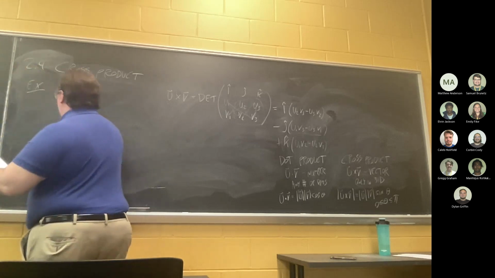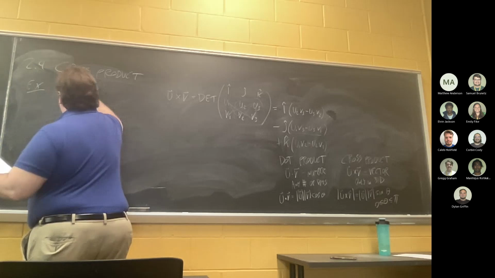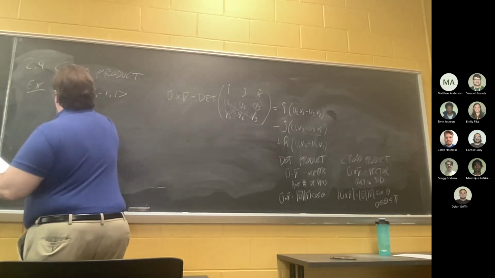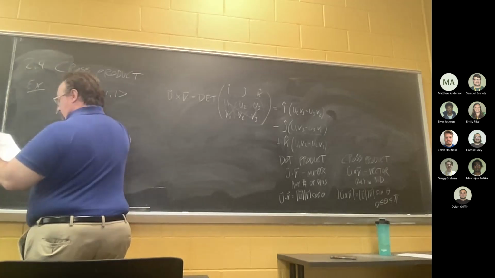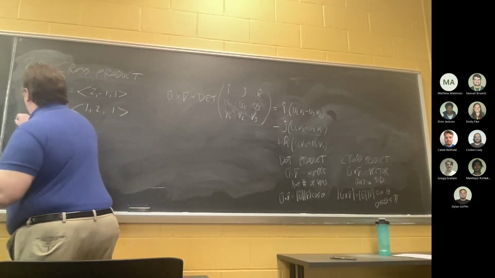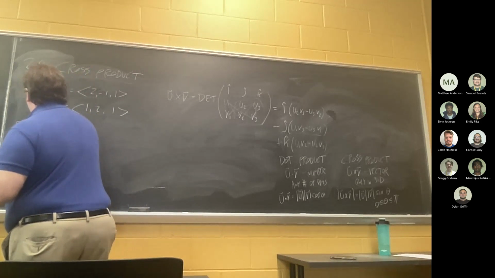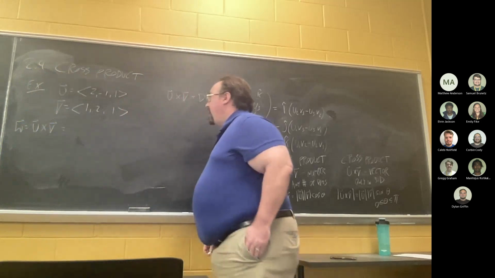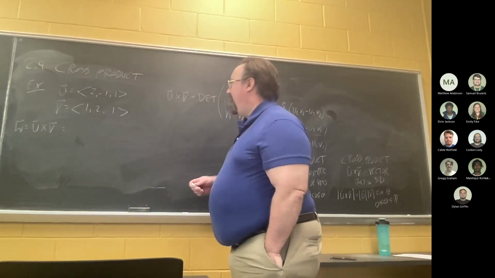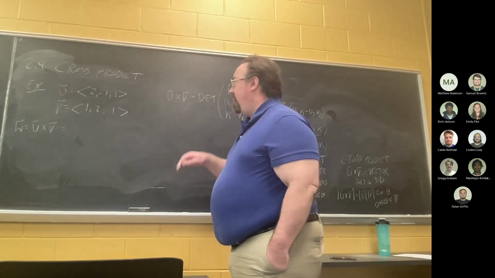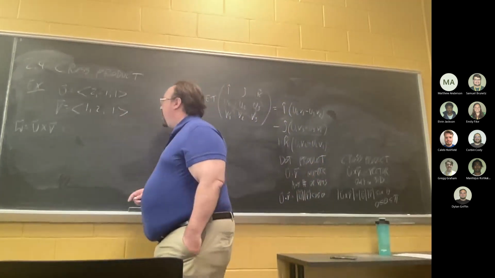All right, so let's suppose that U is equal to the vector (2, -1, 1). V is the vector (1, 2, 1). And we find W to be the cross product of U and V. What I like to do if I'm carrying out a cross product by hand is write the first vector on top, vertically, with the second one beneath it.